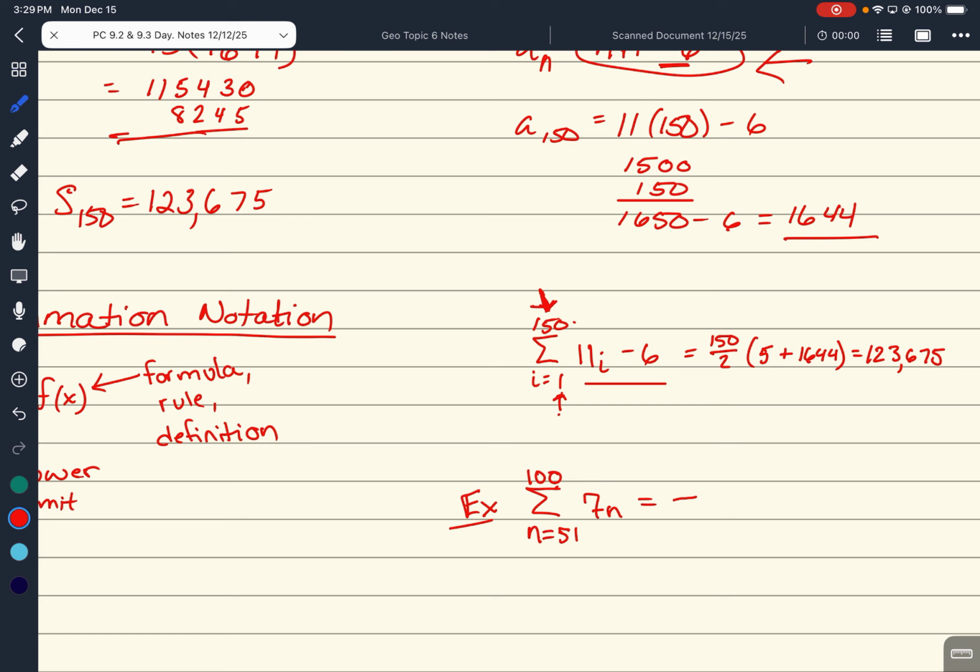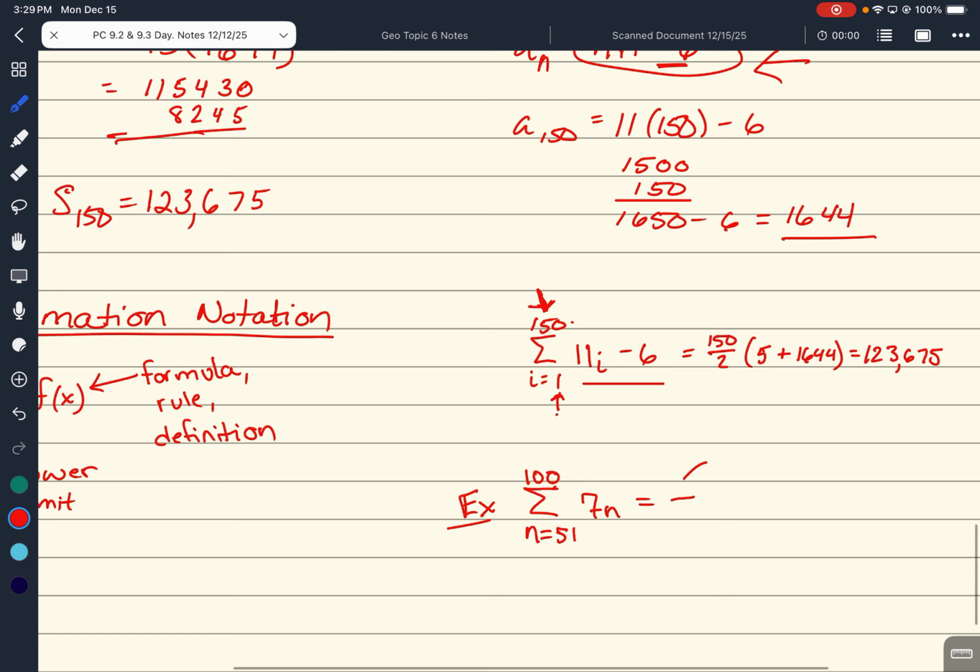Now, here's the secret to finding this n right here. You take the upper minus the lower plus 1.